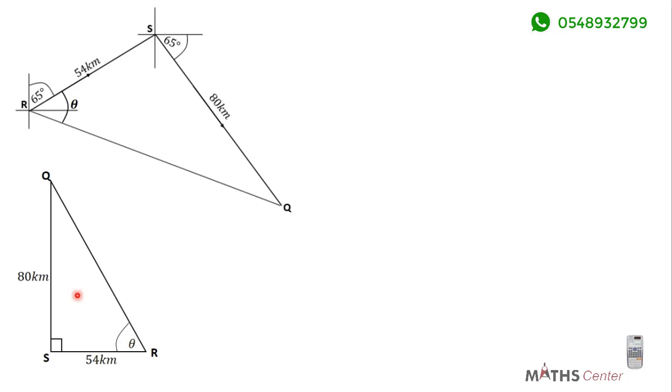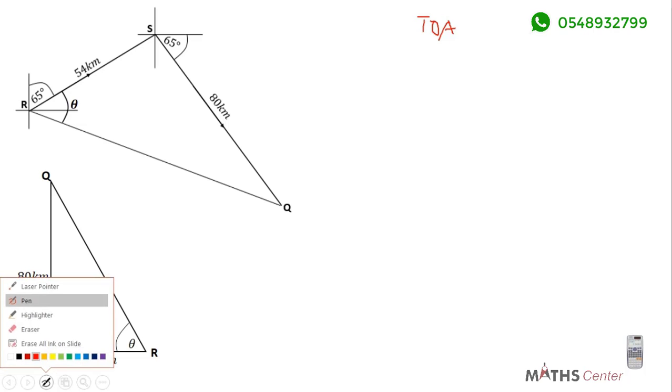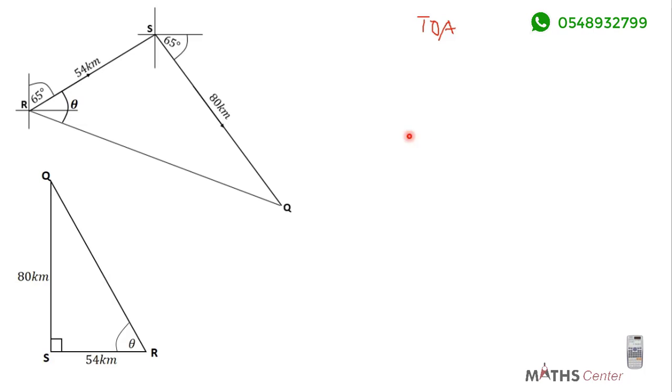Now, I have opposite and adjacent. We know that if you have opposite and adjacent, the trigonometric ratio that you have to use is tan, because tan will give you opposite over adjacent. So here, to help us find theta, I'm going to use tan.